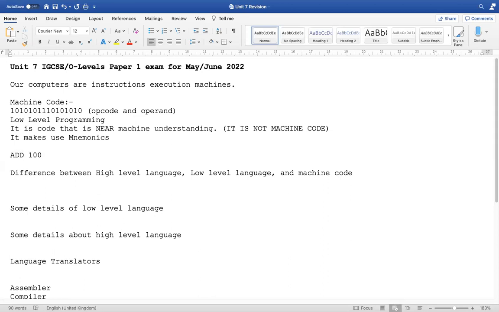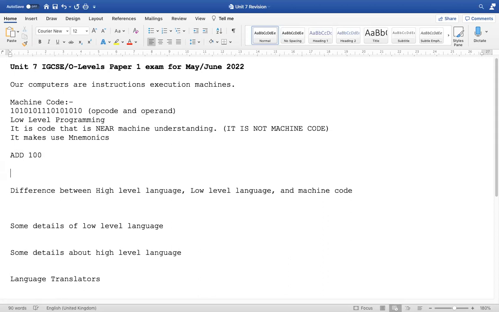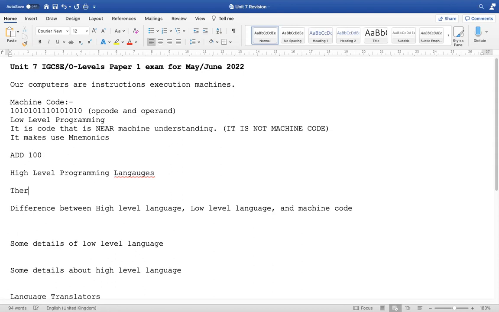Okay. Anyway, then finally we have the high-level programming languages. These are near human understanding.